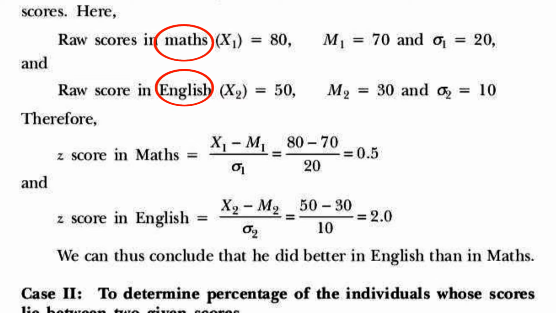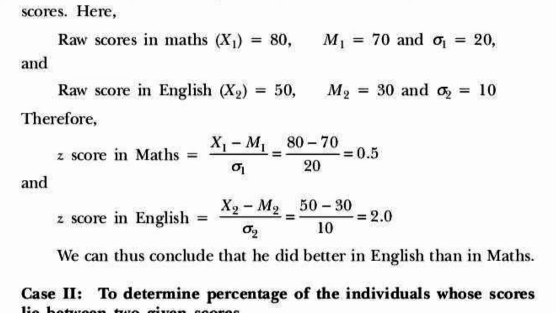Now put the values in the formula. Z-score in maths is equal to x1 minus m1 divided by sigma 1. So you put the values in the formula and you will get the sigma value here.